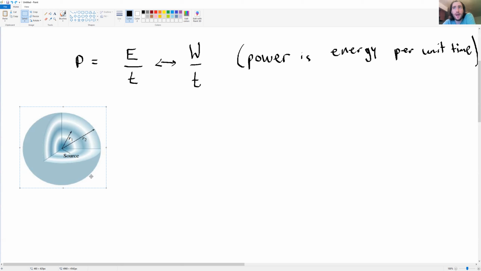So it's nice to have an expression for power output, but power output doesn't really encapsulate the fact that if I do have a speaker, and the speaker has a certain power rating, maybe it's 1 watt or half a watt, that if I get further away from that speaker, then the sound that I hear is diminished, right?